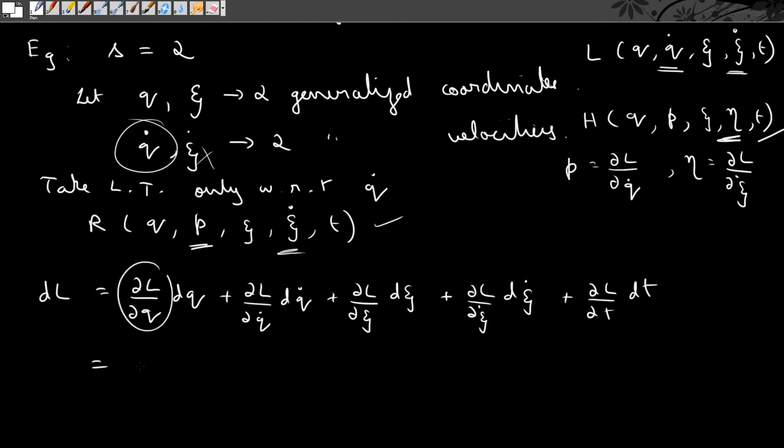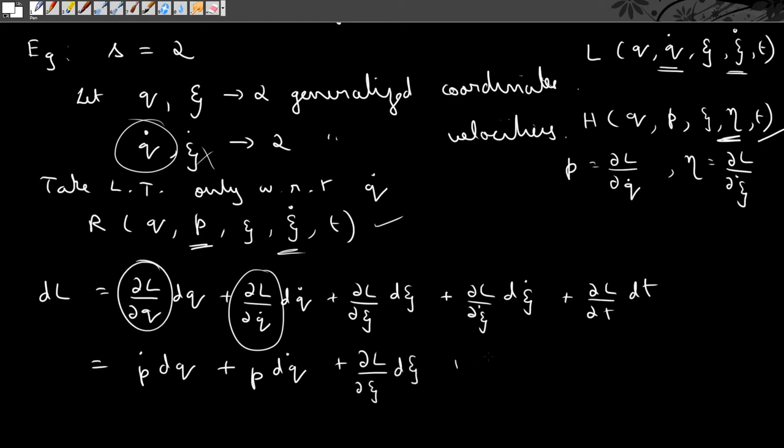But this, as we know, is going to be equal to p dot dq plus p dq dot plus, leaving this as it is, ∂L/∂xi dxi plus ∂L/∂xi dot dxi dot plus ∂L/∂t dt.